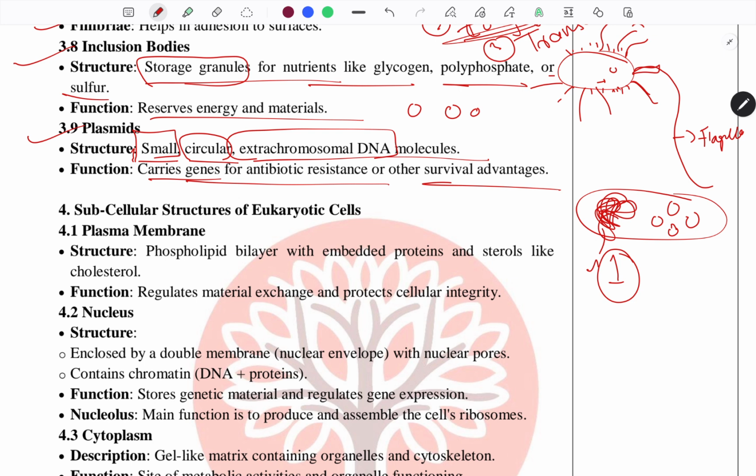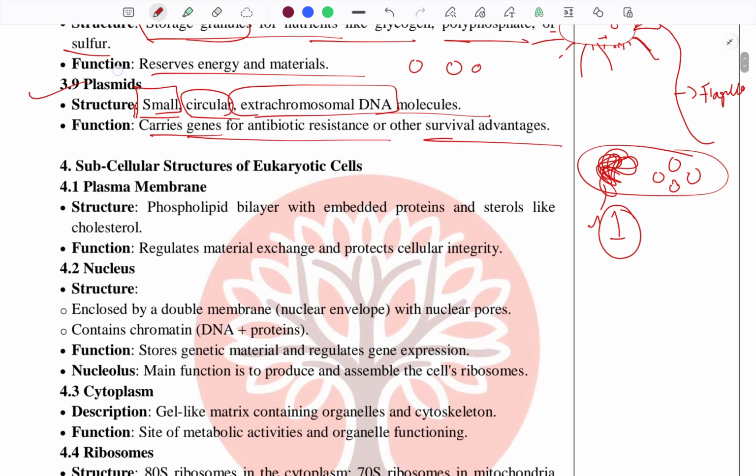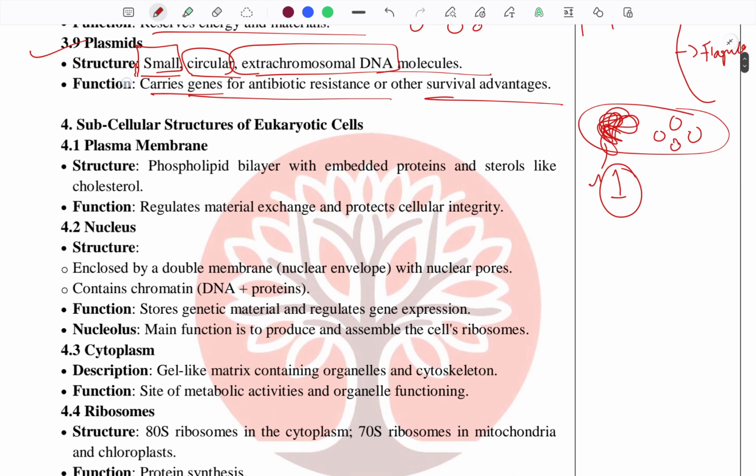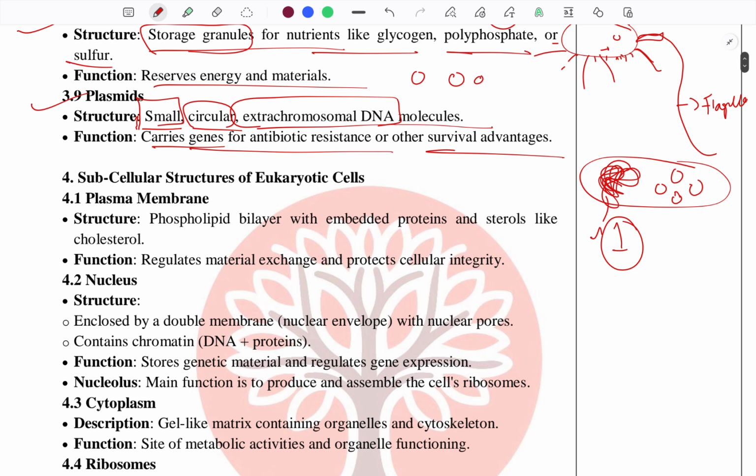These plasmids will replicate or multiply independently of the genetic material. It will not depend upon the genetic material to replicate, so it replicates individually. That's why many copies of plasmids are present in a particular cell. And it will give antibiotic resistance.